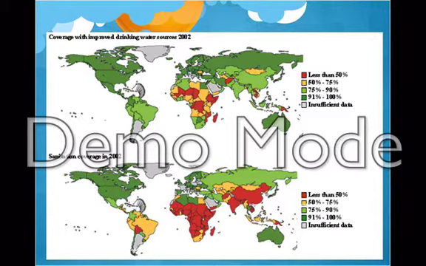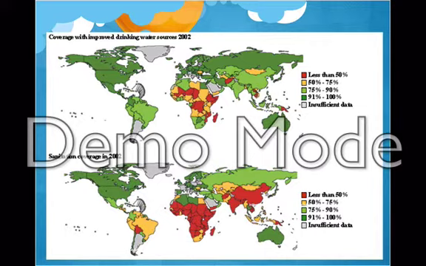This is another global map, although a little bit outdated at this point, but talking also about drinking water sources, and the thing that goes hand in hand with that is sanitation. You can have some of the best water in the world, but if you have no place to put your sewage or to treat your sewage, perhaps more importantly, your water source is likely contaminated.